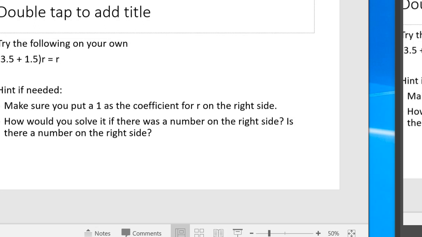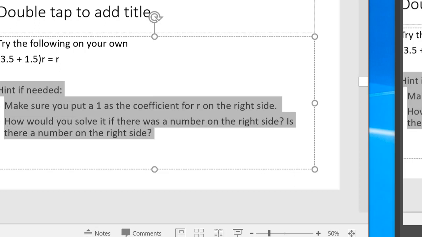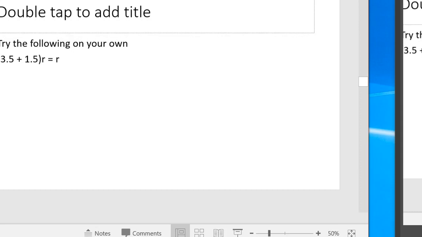Parentheses 3.5 plus 1.5, close parentheses, and then on the outside of parentheses, I have r is equal to r. All right, if you want to cover up the hint, you can. If you want to leave the hint there, that's fine as well. Because I'm recording this, I'm going to delete the hint. Give me a little bit more space to write.